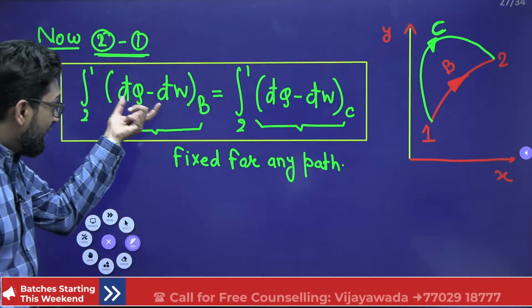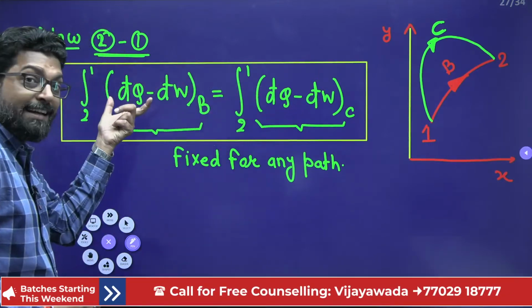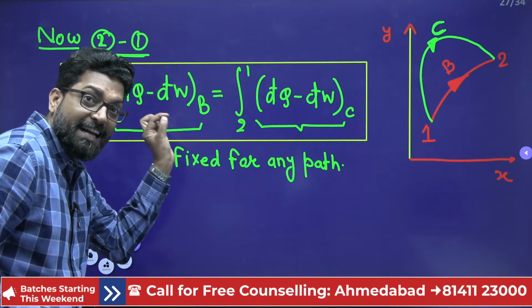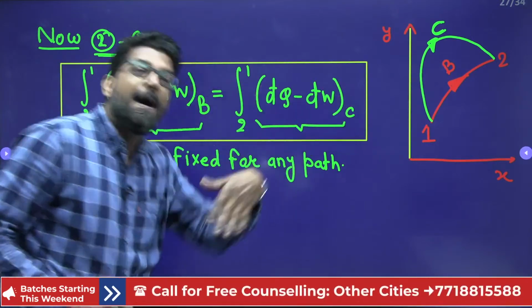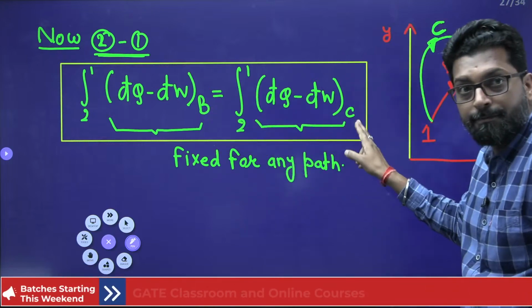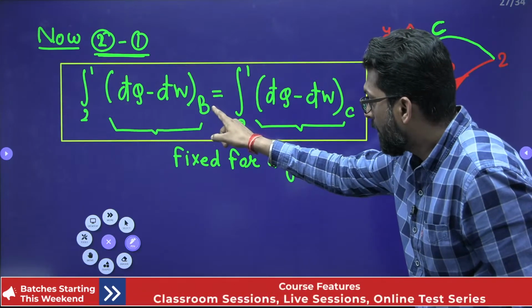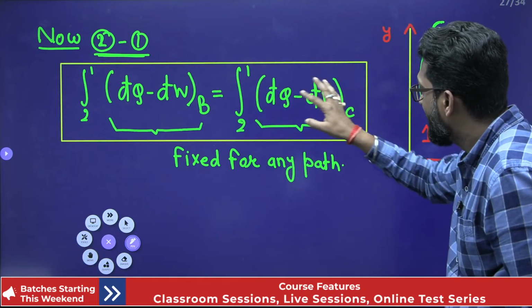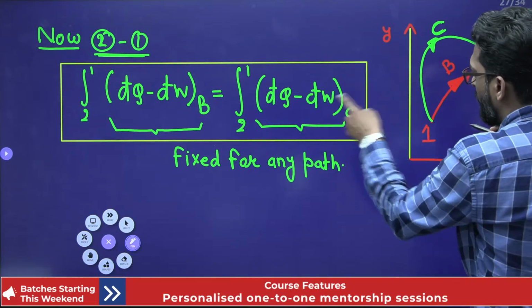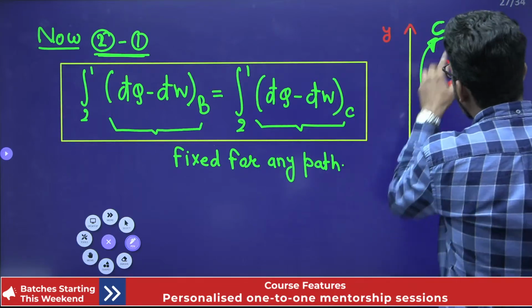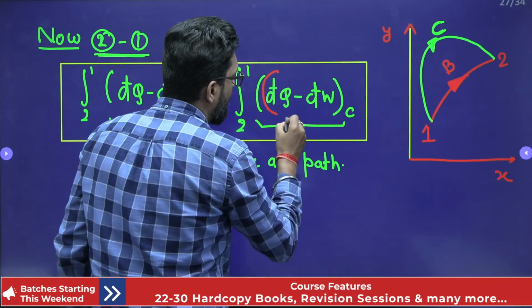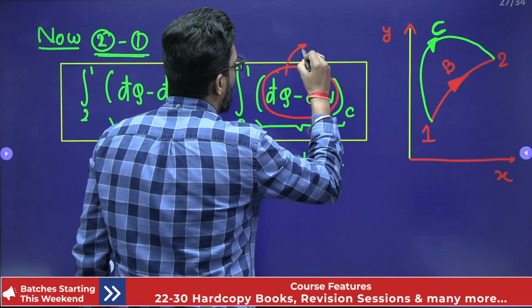Which quantity? dq minus dw of the state 1 to 2 is path independent. It does not depend upon the path. Either path B or path C, the quantity dq minus dw is fixed.